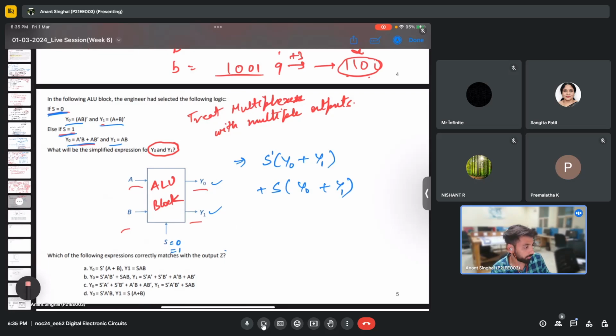So what I can do is directly calculate y0 now because of the inputs. When S is 0, y0 is this, and when S is 1, y0 is this. So be aware here. When S is 0, this is S complement, then y0 is (AB) whole complement, and for y1 we have A complement B plus AB complement.